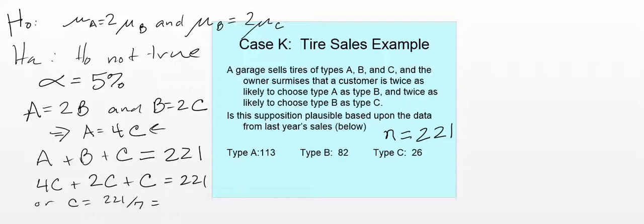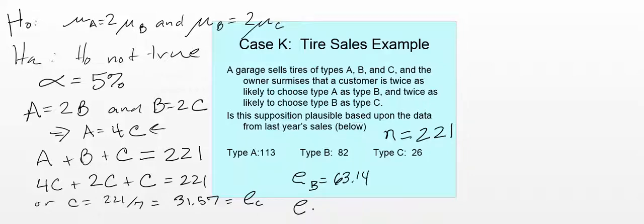and that's equal to 31.57. And that's the expected number for brand C. The expected number for brand B could then be calculated as twice that, and when I did that, I got 63.14.